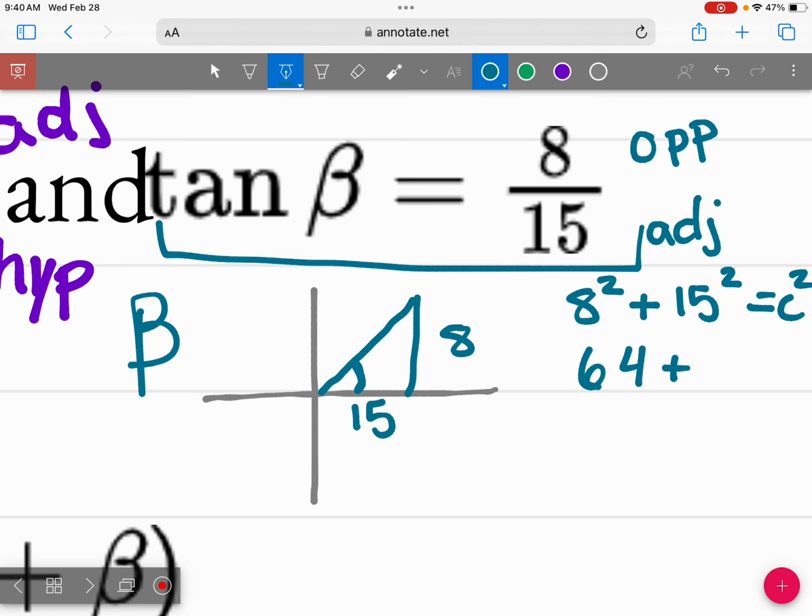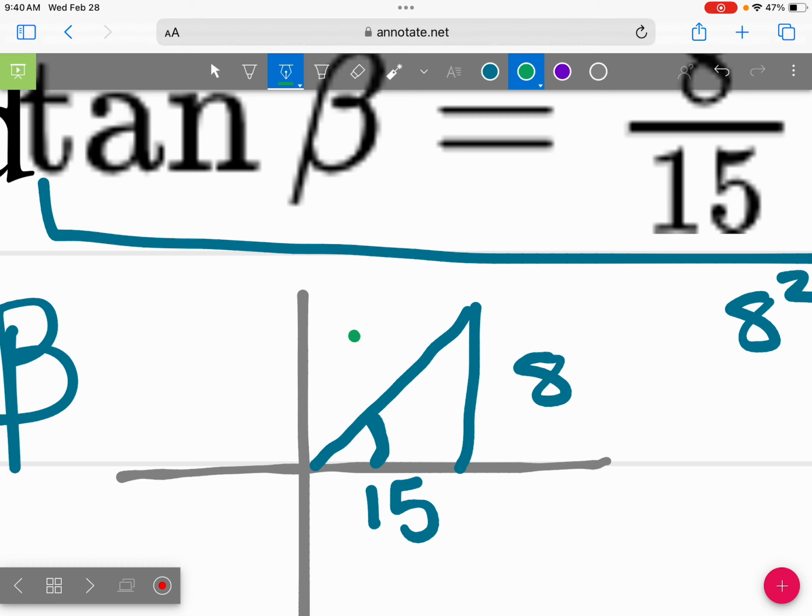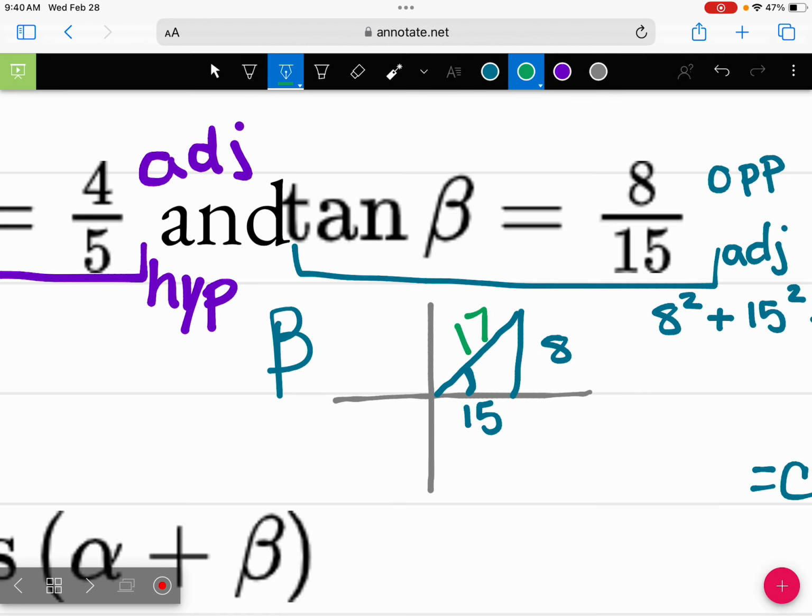Let's see what C equals. What's C going to equal? 17. We have calculators. We can use them. Use them.